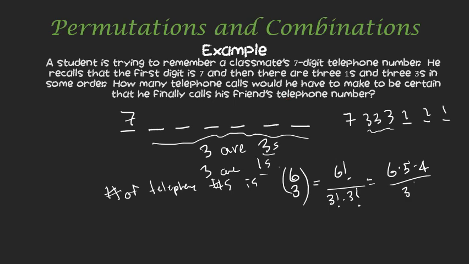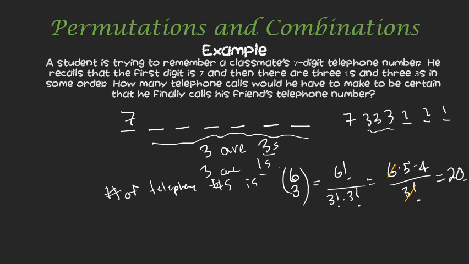We have another 3 factorial on the bottom, but 3 factorial is 6, and so these cancel out, and we can calculate that this is 20. So actually, this isn't too bad of a situation for the student. They only have to try 20 telephone numbers to figure out their friend's number.